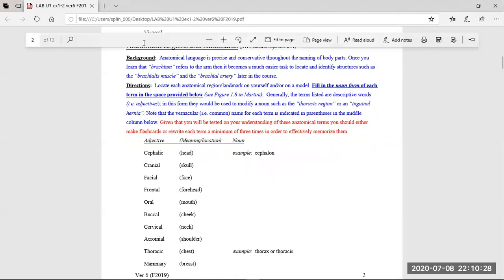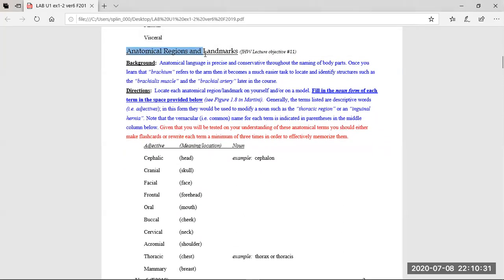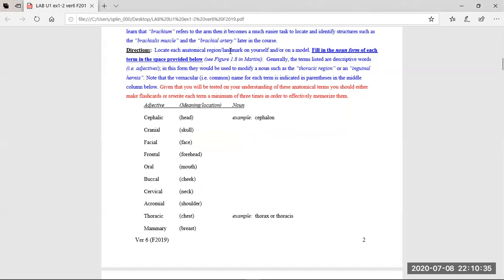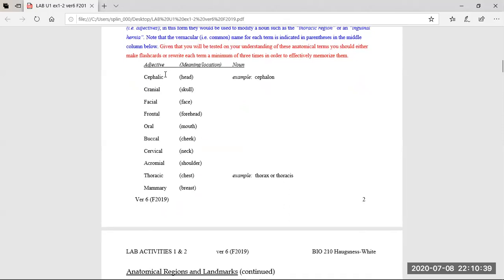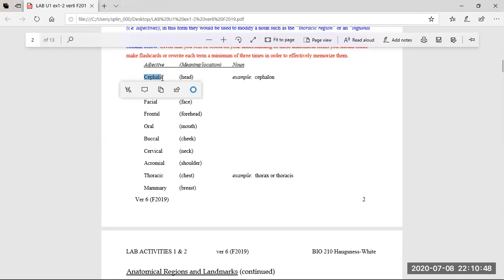So next we're moving into a section about these anatomical landmarks. These are now the Greek and Latin-based terms for different parts of the body. So you notice here there is the adjective, the descriptive form, cephalic.